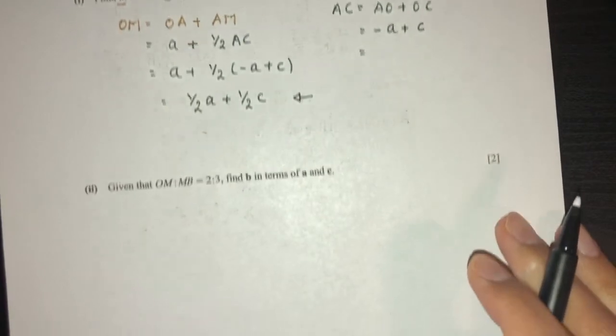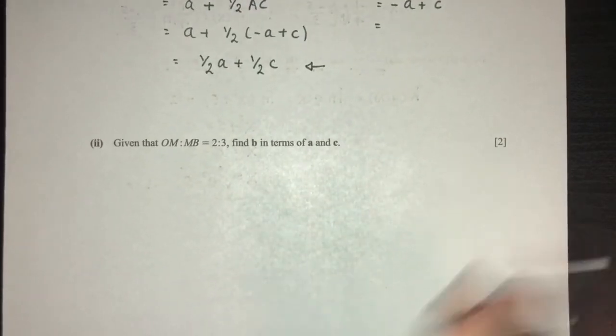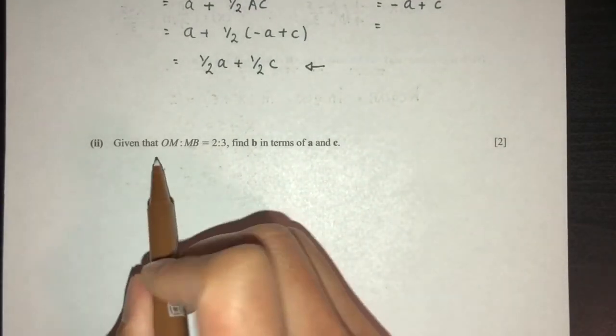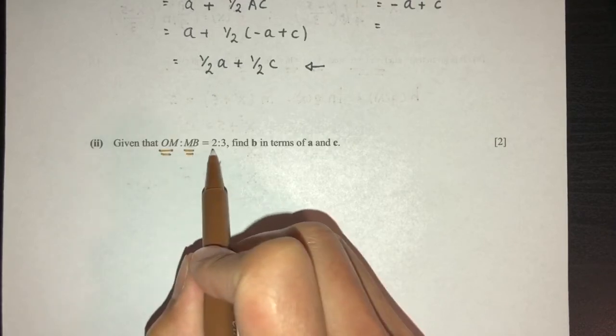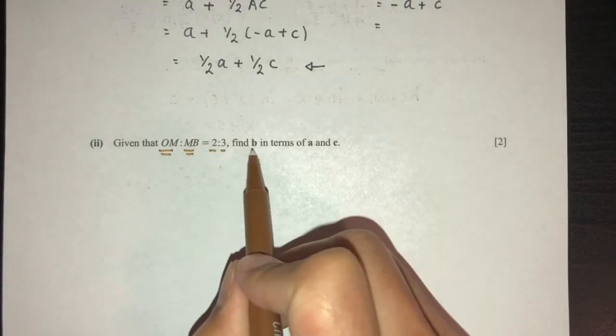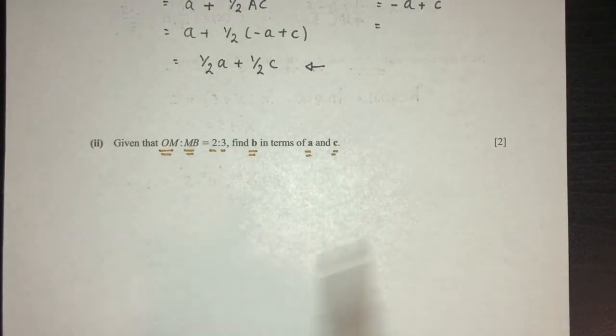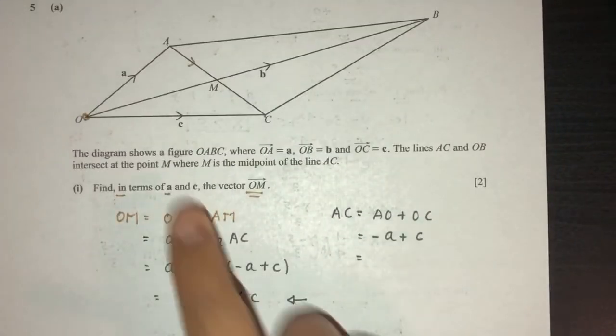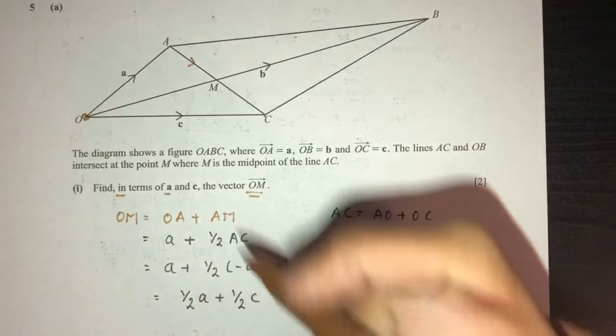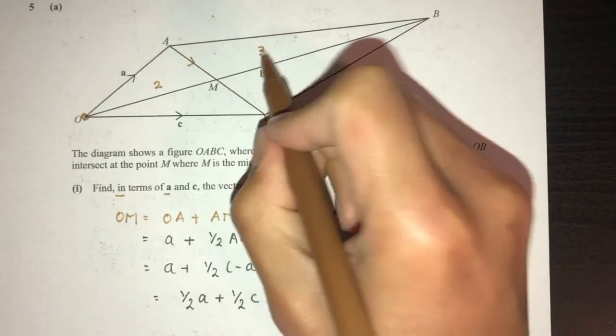Okay. Now what else? We have part 2. Given that the ratio of OM and MB is 2:3, find B in terms of A and C. Okay, so let's see where that is. The ratio of OM and MB is 2:3.